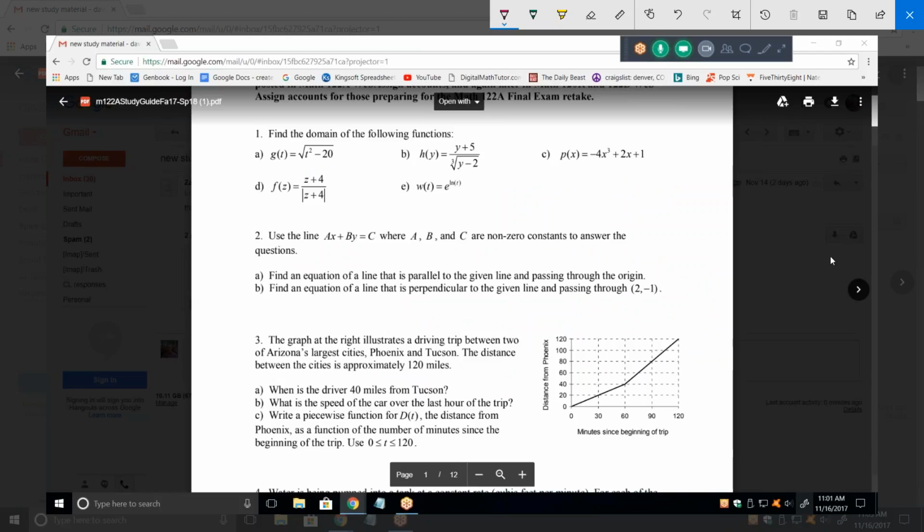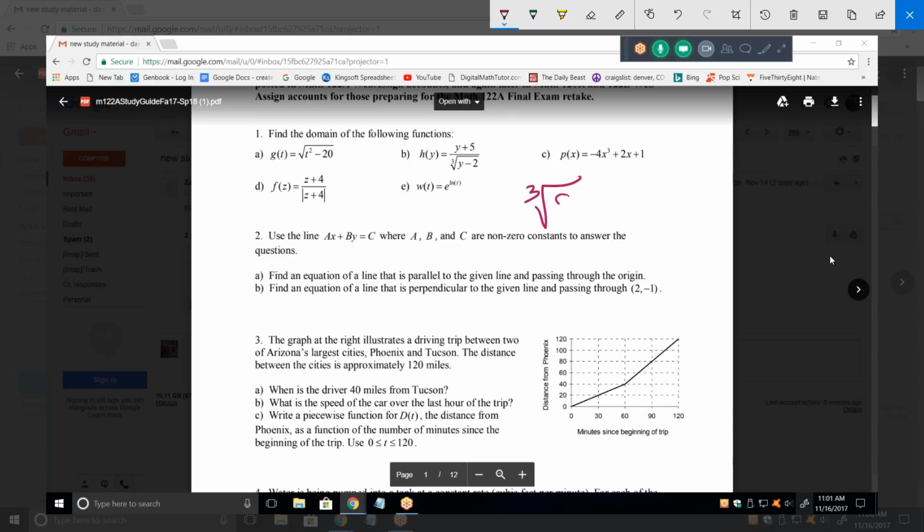This one, what are my domain considerations for B? Do I care about the numerator? No. What's important about the denominator? That it's a cube root? Not really. I can take the cube root of any number.